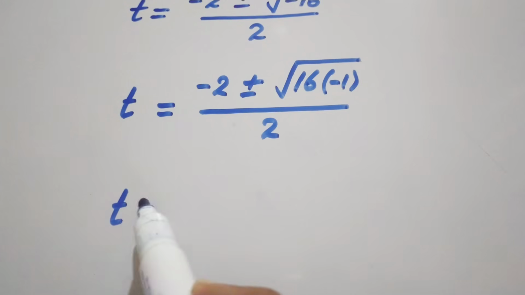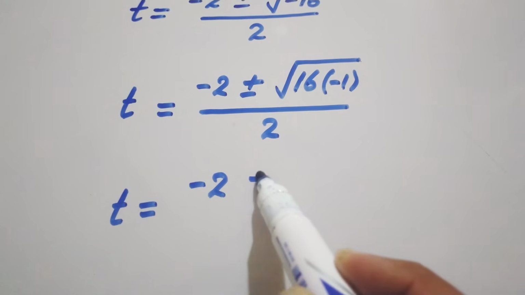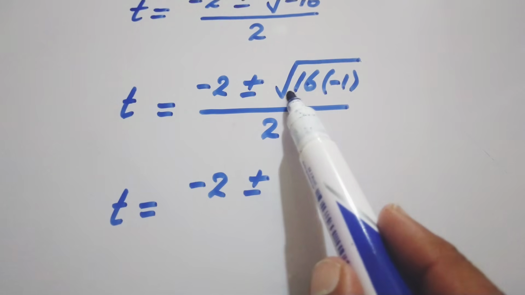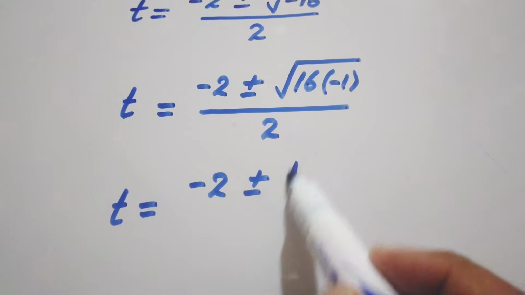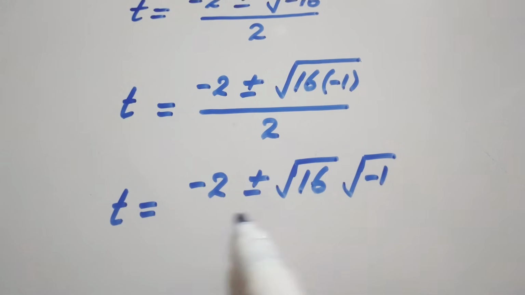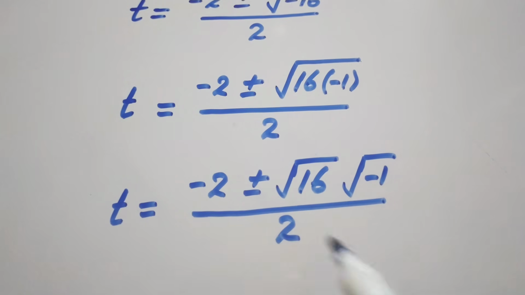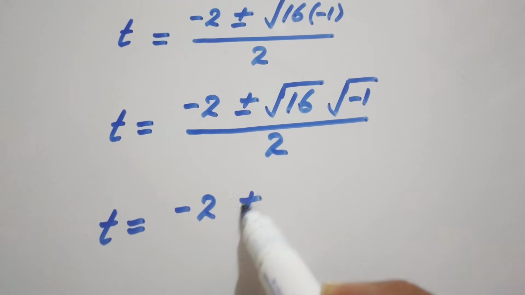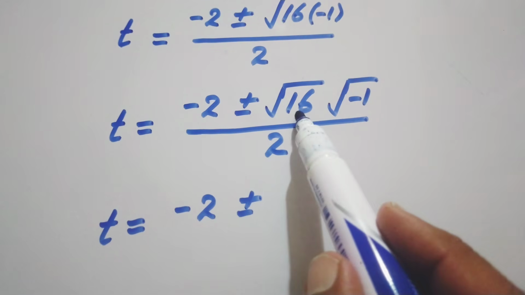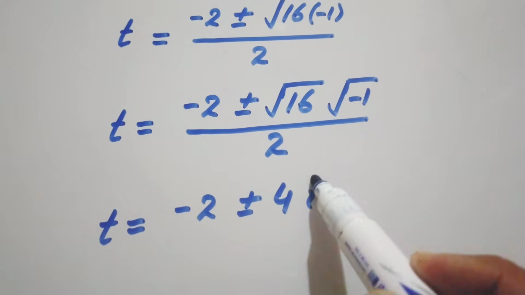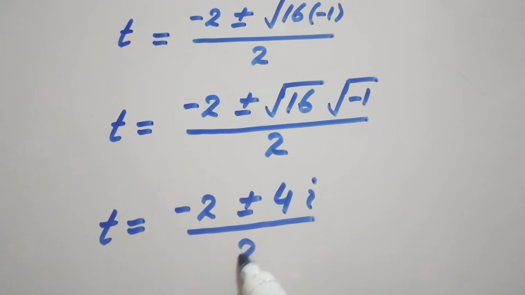And if a b is under the whole square root, then we can write this as square root of a into square root of b. So here we can write this as square root of 16 into square root of minus 1 divided by 2. Now t is equal to minus 2 plus minus square root of 16, which is 4, and square root of minus 1, which is iota, divided by 2.